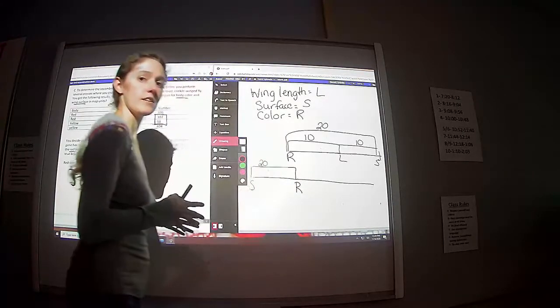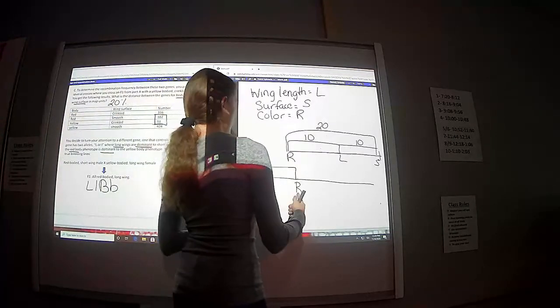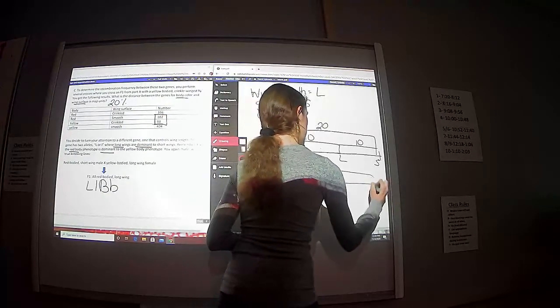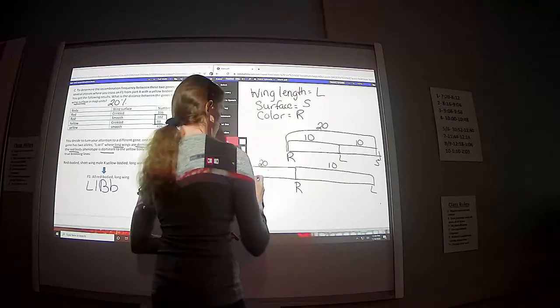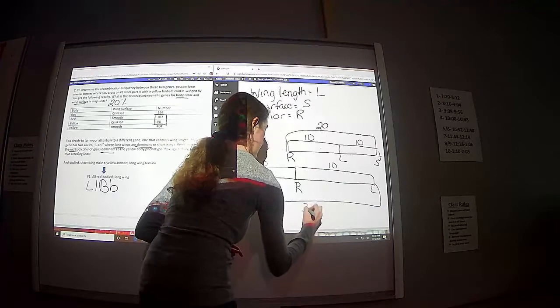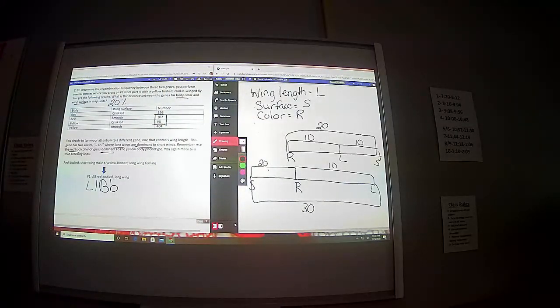I know it doesn't look like it's 20, but we have our numbers labeled in there. Color to there, and then length would be down here at 10. And then that would put the surface to the length at 30, which was where I came up with those numbers just a second ago when I was talking about it.